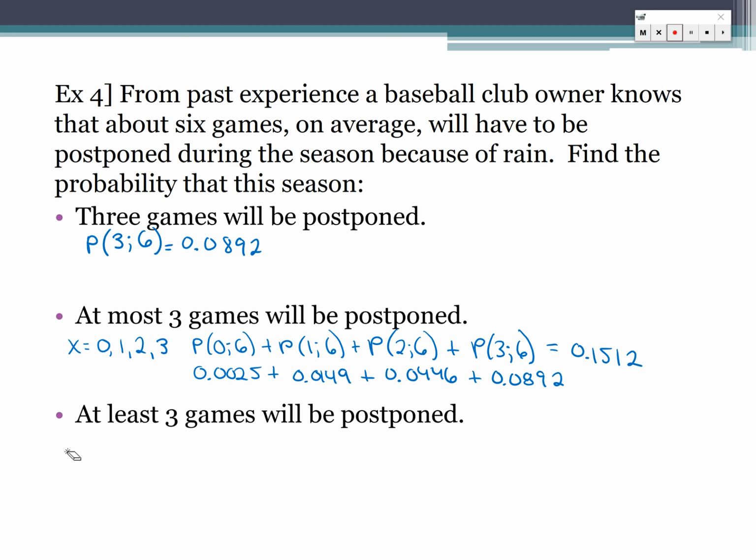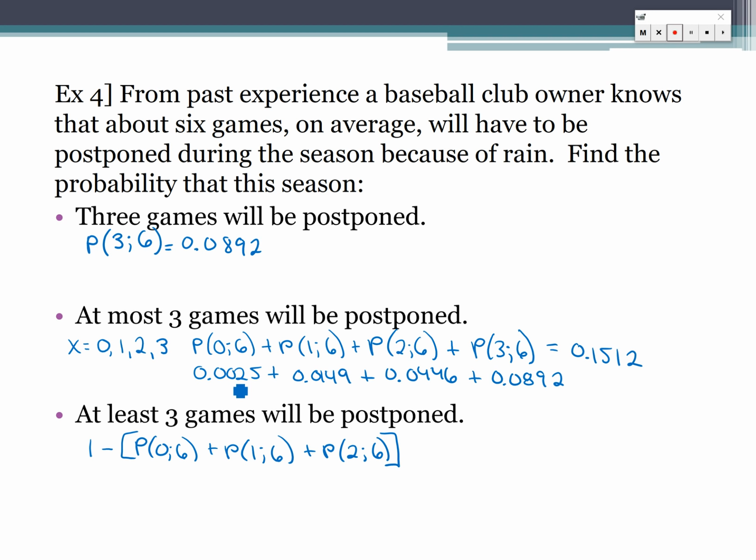I don't know how many games total there are. So I have to do 1 minus the probability of 0 games plus the probability of 1 game plus the probability of 2 games. So anything less than 3, I'm going to do 1 minus those probabilities added together.